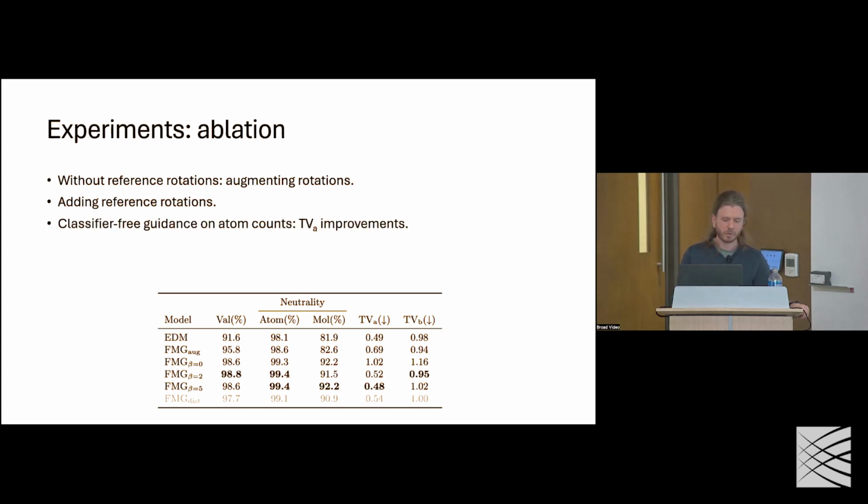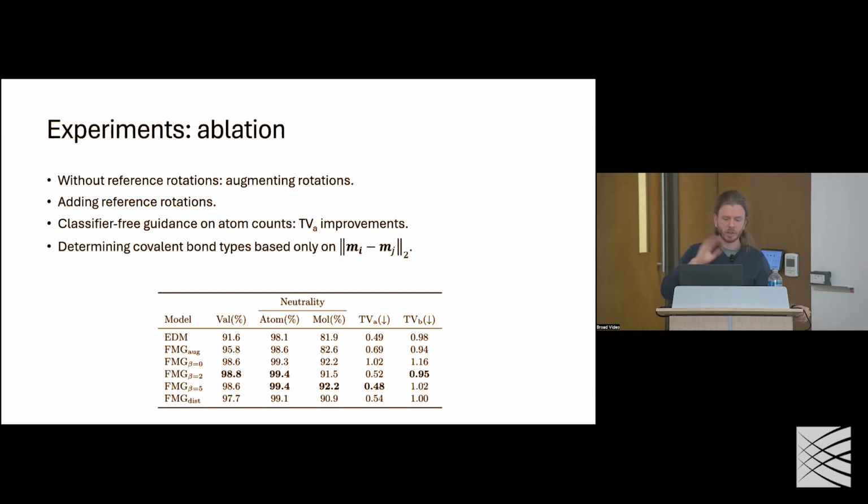And then we also have the atom count conditioning, which is quite important for TVA, but roughly doesn't change that much any other metrics. So other than atom count metrics, of course, conditioning on atom counts doesn't change the quality of the molecules as much. And then finally, this is sort of an empirical confirmation of how nice our conformations are.